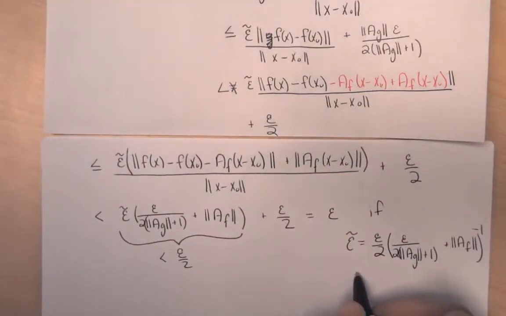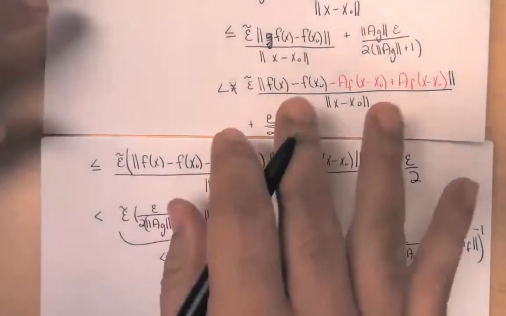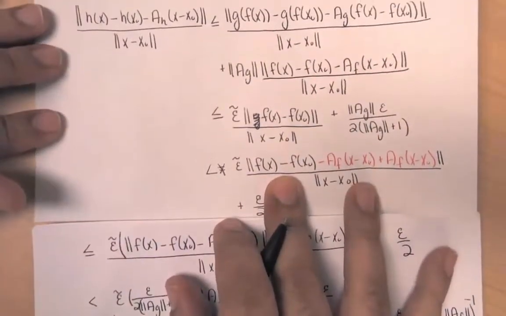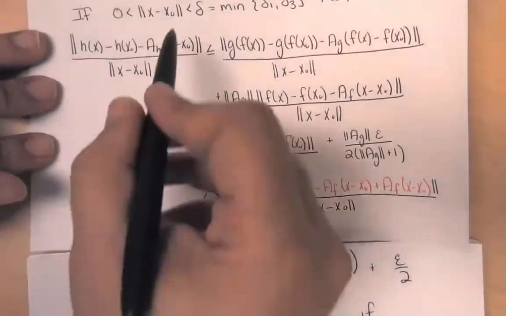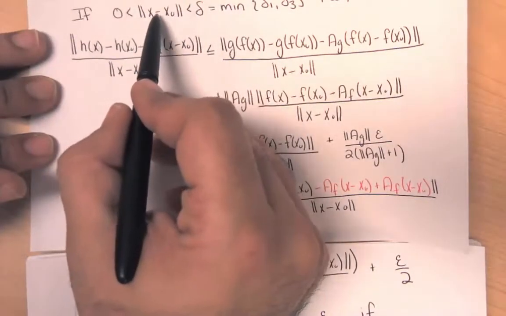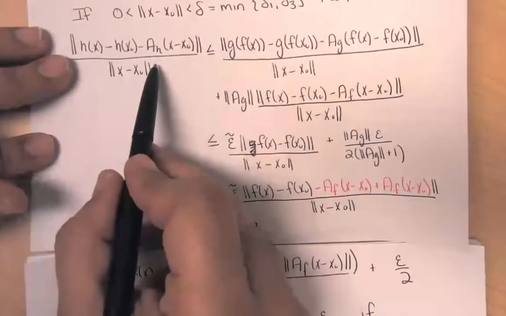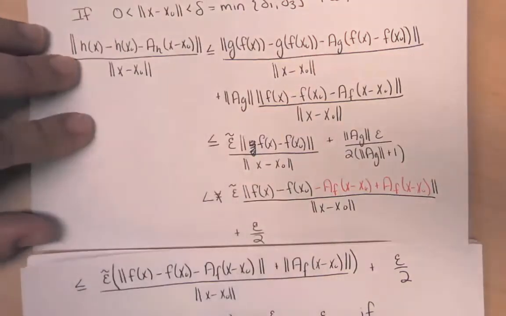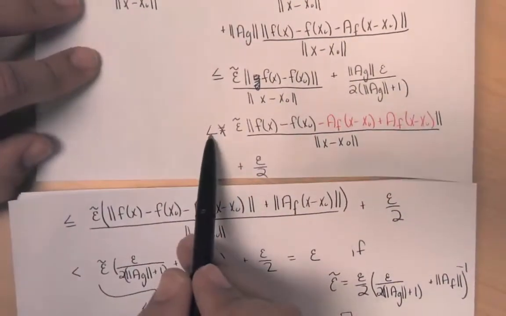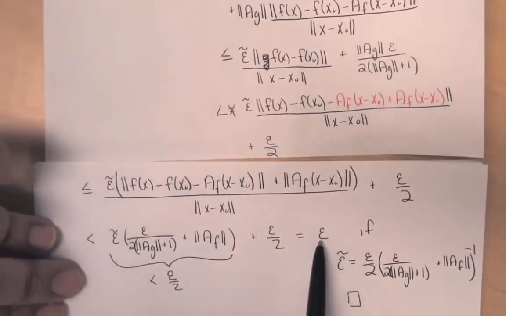And I've proven my result. Epsilon was arbitrary. There's a delta, and if x is sufficiently close to x naught, then my derivative quotient is strictly less than epsilon.